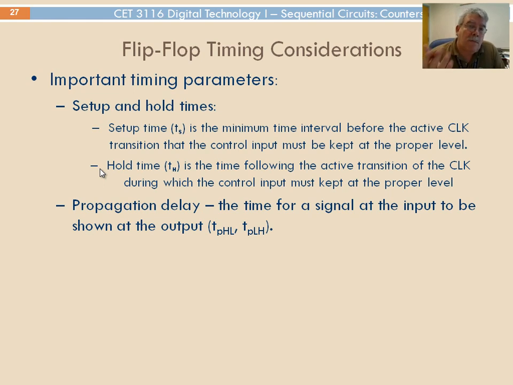The transition of the flip-flop output could be from 0 to 1, or from 1 to 0. When we talk about from 1 to 0, that's what we refer to as the propagation delay high to low. And the propagation delay low to high is the one that references the time between 0 and 1.